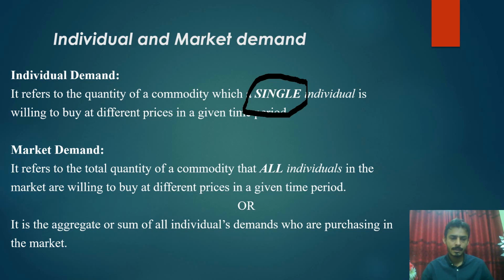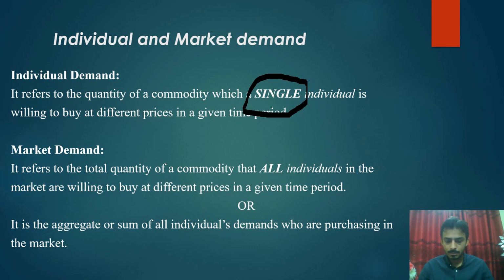The second is market demand. So take a look at market demand. It refers to the total. Look at the difference in the words. In the first, you saw individual. In the second, market is mentioned. So market is the aggregate, the total quantity of a commodity that all individuals, initially it was single, right?